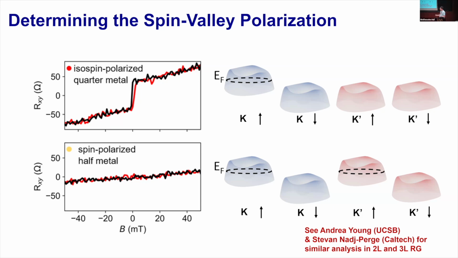And of course, there are cases where the two valleys are balanced, so their anomalous Hall effects will cancel, but they could have the same spin. In this case, you will have zero anomalous Hall resistance. I'm just picking 2 examples to show you in general how this idea works. There are many different scenarios, more complicated than what I'm showing you. So you can check out the paper by Andrea Young and Stevan Nadj-Perge at Caltech about this so-called fermiology analysis to figure out the symmetry breaking due to flat bands in graphene.